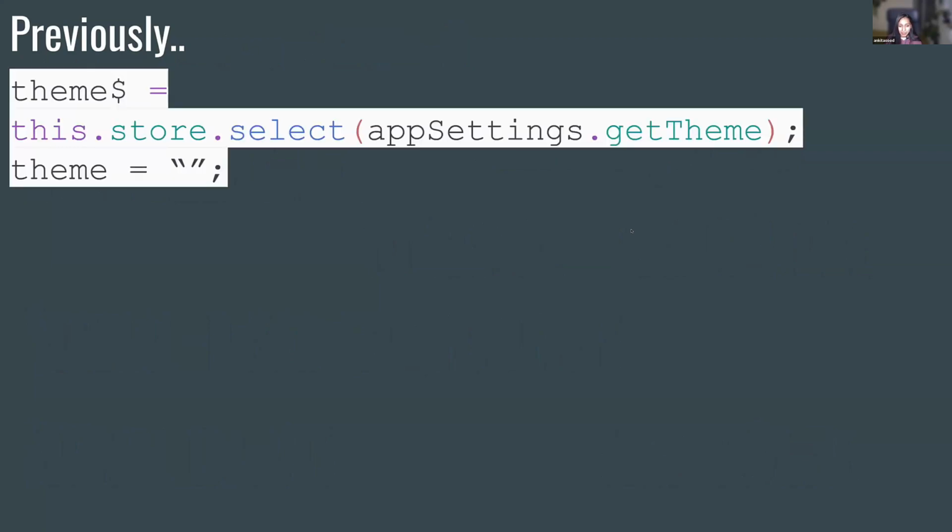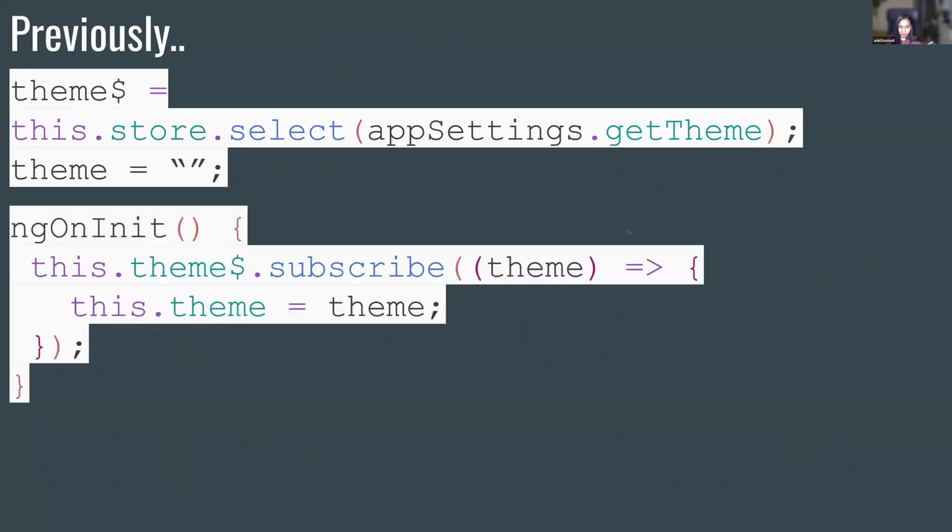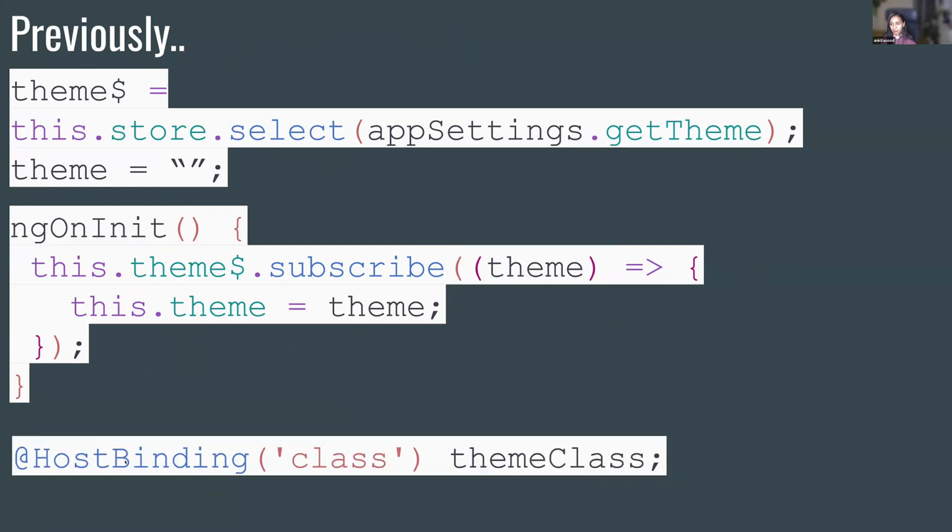Previously, if you wanted to conditionally apply a class to the host, but the condition wasn't just a Boolean value, you had to select and read the value of an observable and apply it to the class. This is how you would do it: you would subscribe to the observable, and then using host binding, you would bind the class on the host.